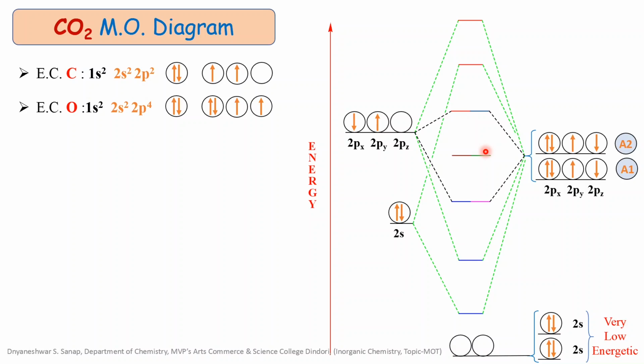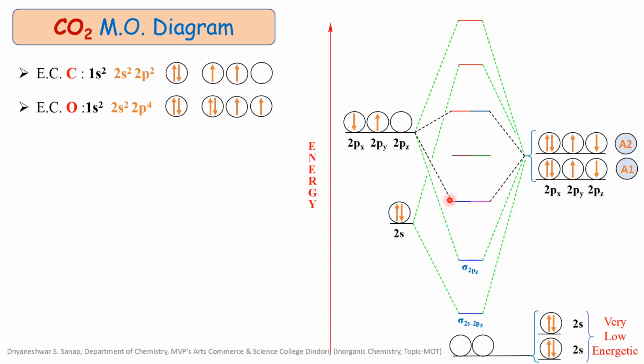As we see in the orbital presentation, when the 2s atomic orbital of the carbon atom combines with the 2pz atomic orbital of one oxygen atom, it produces a sigma bonding molecular orbital, denoted by the symbol sigma 2s 2pz. Similarly, when the 2pz atomic orbital of the carbon atom combines with the 2pz atomic orbital of the other oxygen atom, it results in the formation of a sigma bonding molecular orbital, represented by the symbol sigma 2pz.